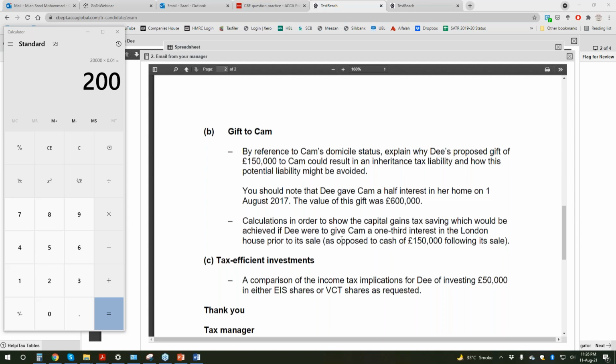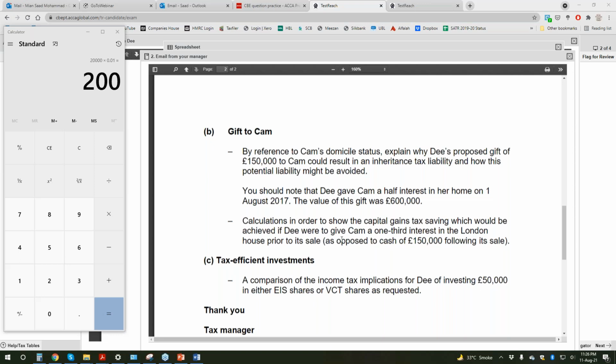There is another option available which we have discussed yesterday, and this option is called deed of variation. Deed of variation means varying the will. They can modify the will of D's father, and rather than D first getting all of the proceeds of the house and then transferring to her husband, she can modify the will of her father and directly transfer that one third to her husband.